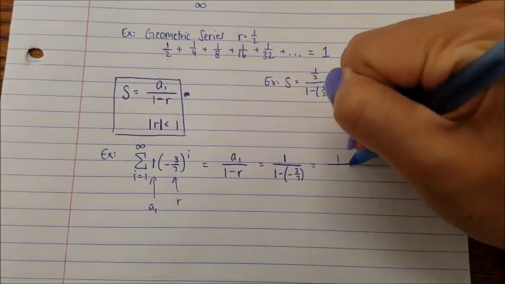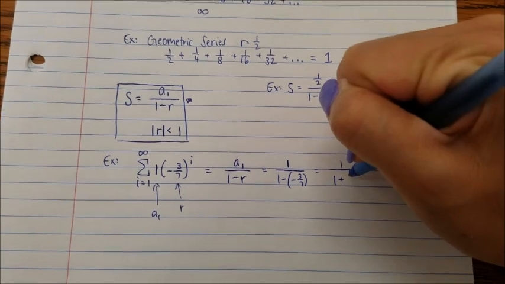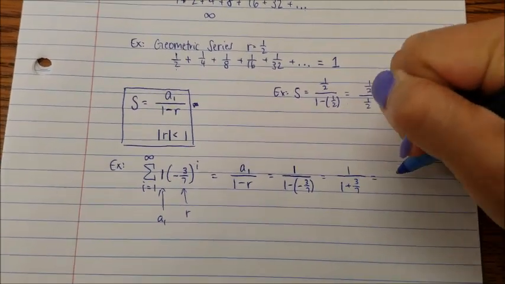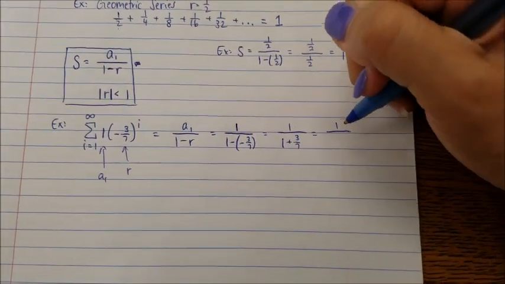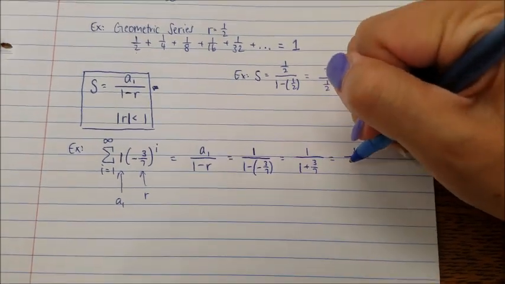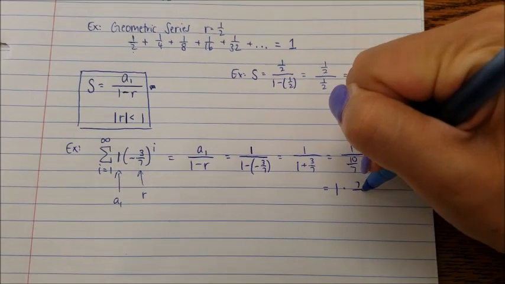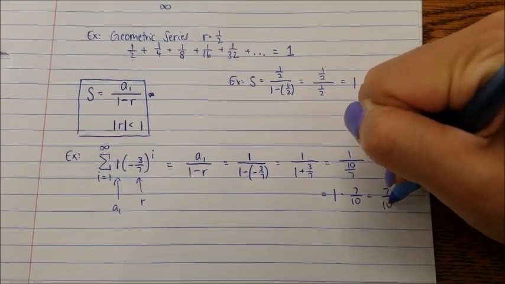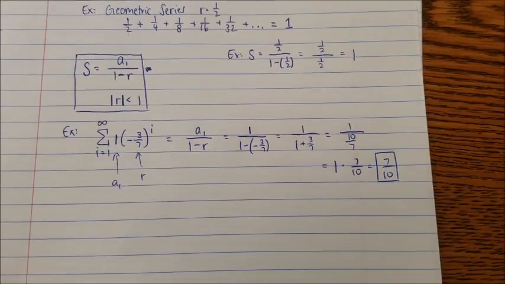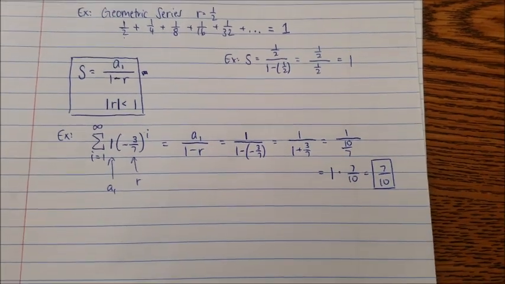So this gives us technically 1 plus 3 over 7, which is 7 over 7 plus 3 over 7, is 10 over 7. Keep, change, flip. So this infinite series will add up to 7 over 10.